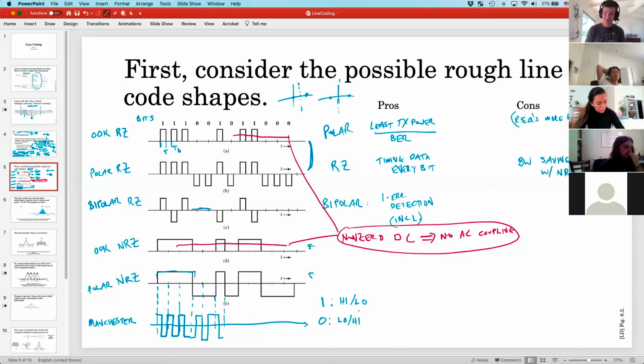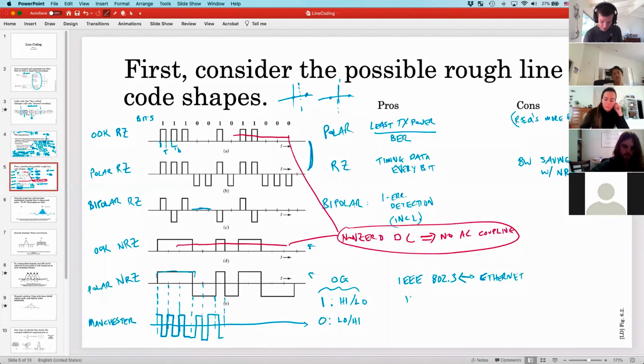And I have no idea why, but it's the exact opposite in the IEEE 802.3 standard. So this is the OG Manchester code, but for reasons unbeknownst to me, when the working group got together and drew up the standard called IEEE 802.3, which you and I call Ethernet, they said the opposite should be true.